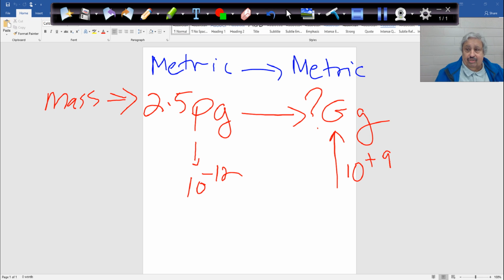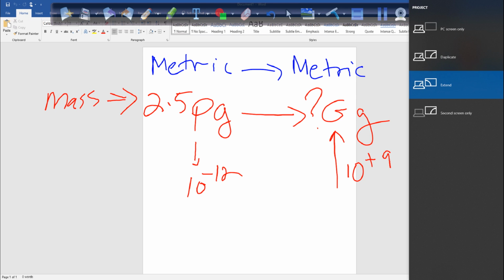Can you see or you can't see? What does it say here? Chapter 2. Let me see what's happened here. I see what's happened. I have to duplicate it, so now we see. Sorry about this.